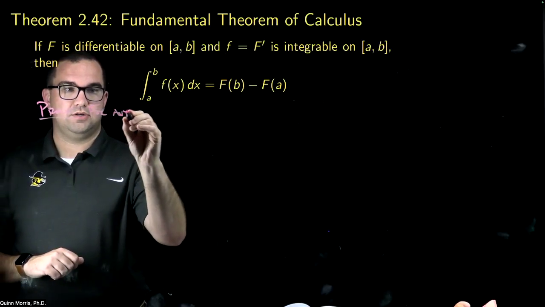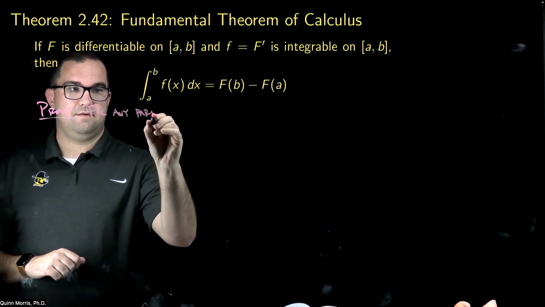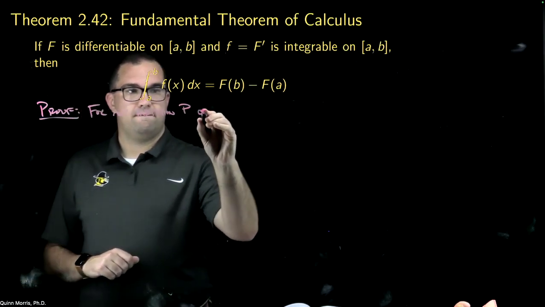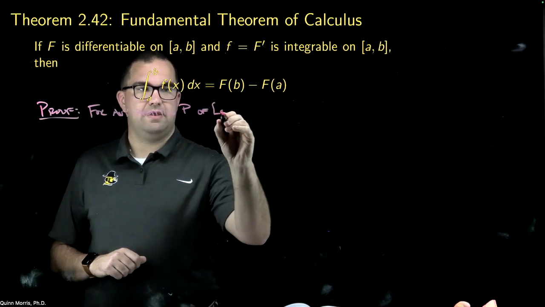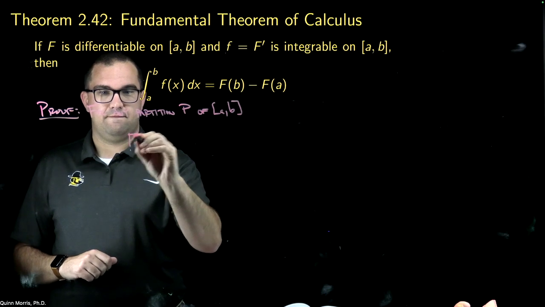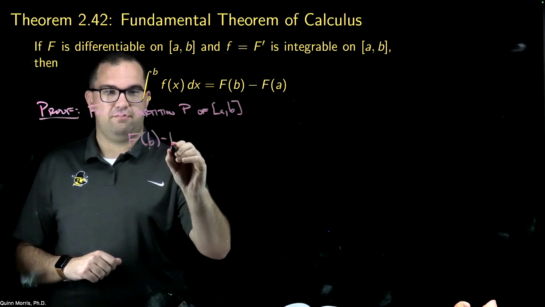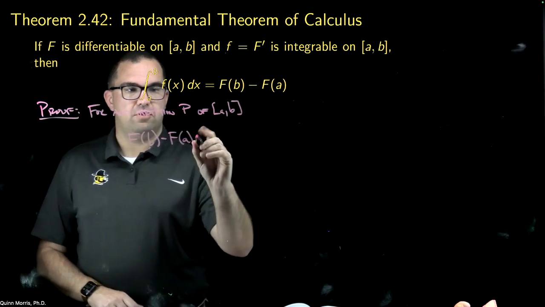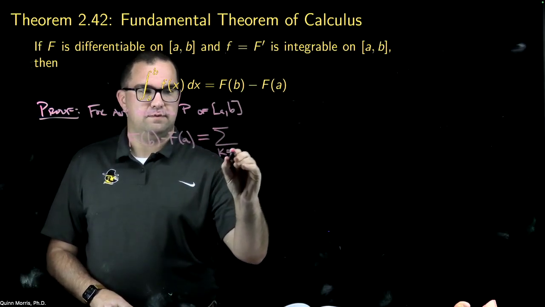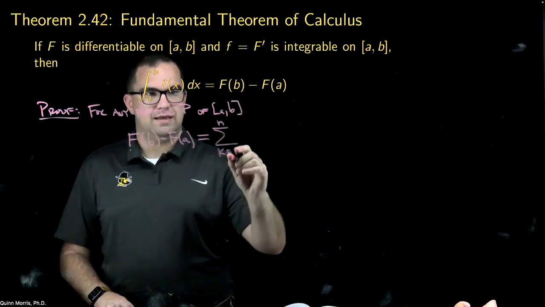For any partition P of the closed interval [a, b], if I look at F(b) minus F(a), the first thing I could do is write this as a sum.